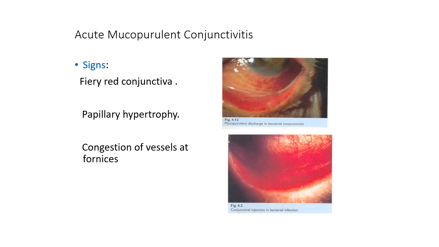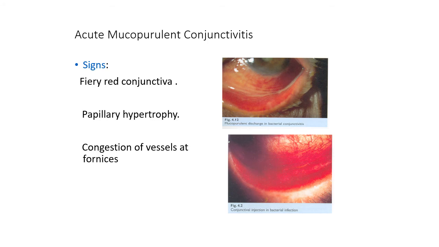Last time I gave a homework: write the differences between conjunctival congestion and ciliary congestion. You can very well remember them. Conjunctival congestion is present at the periphery. It is bright red in color, and you can blanch the vessels.